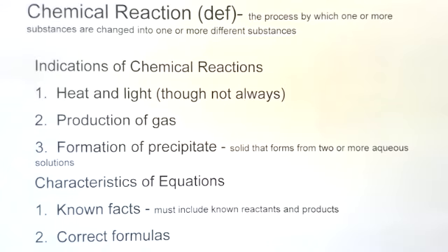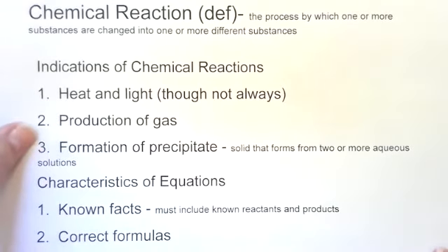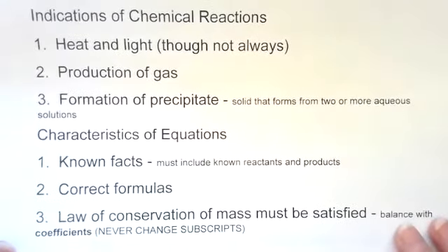The definition of a chemical reaction is the process by which one or more substances are changed into one or more different substances. In chapter 2, we talked about the fact that a physical change is reversible. In a chemical reaction, the products are not the same as the reactants. What you end with is not the same as what you started with, and that's the definition of a chemical reaction. How do you know you've had a chemical reaction? Those are our indications here.